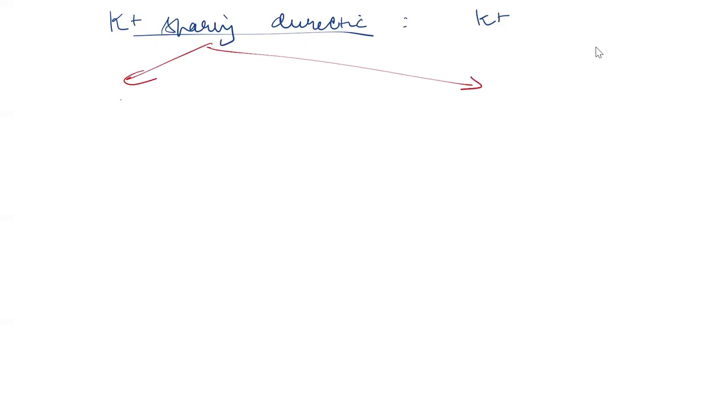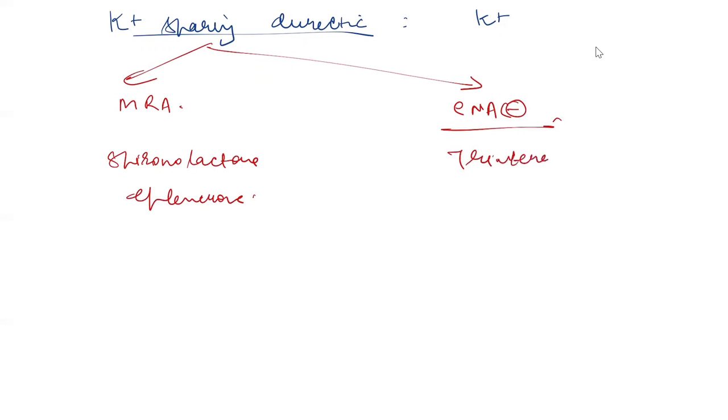Then we have another class of agent known as potassium sparing diuretics. They can again lead to hyperkalemia, so we use them cautiously in patients with increased risk of hyperkalemia. We have two types of potassium sparing diuretics: one is mineralocorticoid receptor antagonists, and another is ENaC, the epithelial sodium channel blockers. In MRA we have spironolactone and eplerenone, while in ENaC blockers we have triamterene and amiloride.